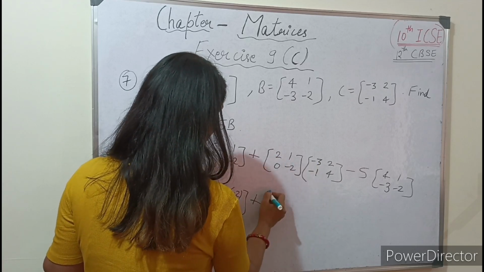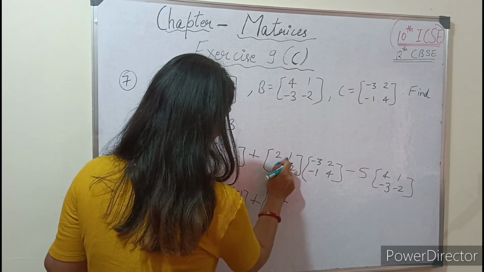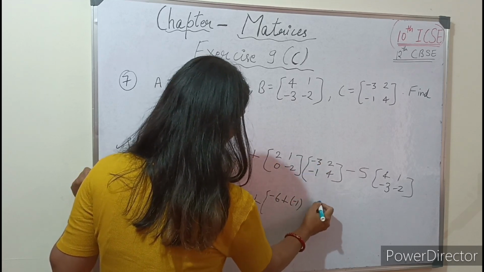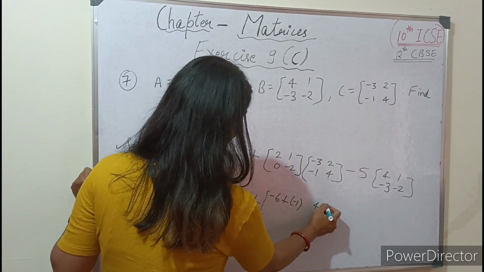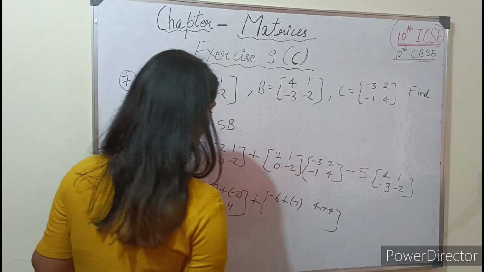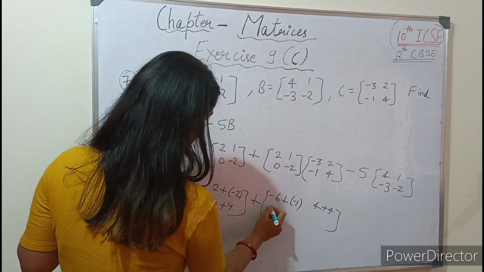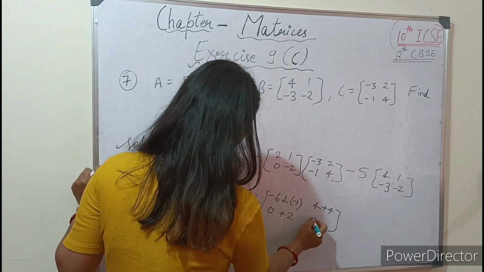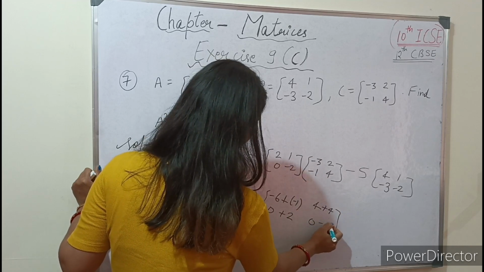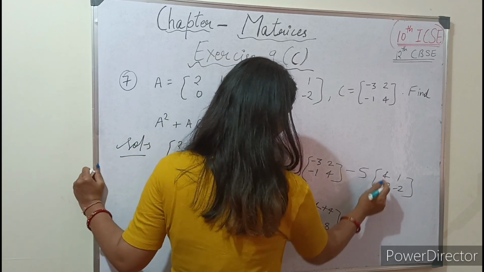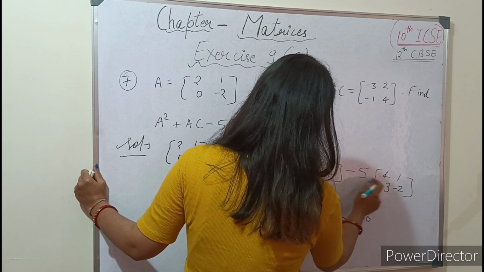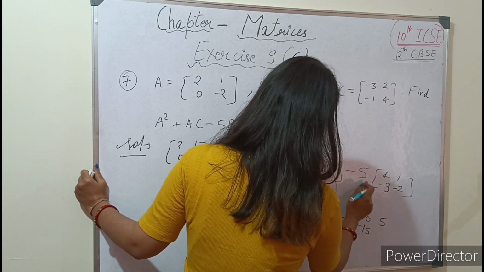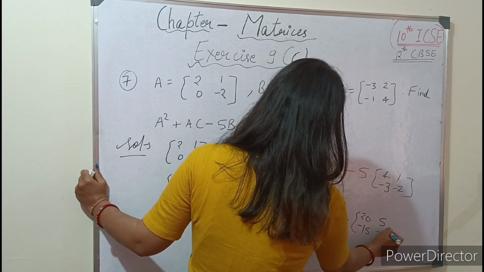So 2 into minus 3 is minus 6. 1 into minus 1 is minus 1. 2 into 2 is 4 and 1 into 4 is 4. Same way 0 into minus 3 is 0. Minus 2 into minus 1 is plus 2. 0 into 2 is 0 and minus 2 into 4 is minus 8. Now 5 into 4 is 20. 5 into 1 is 5. 5 into minus 3 is minus 15 and 5 into minus 2 is minus 10.